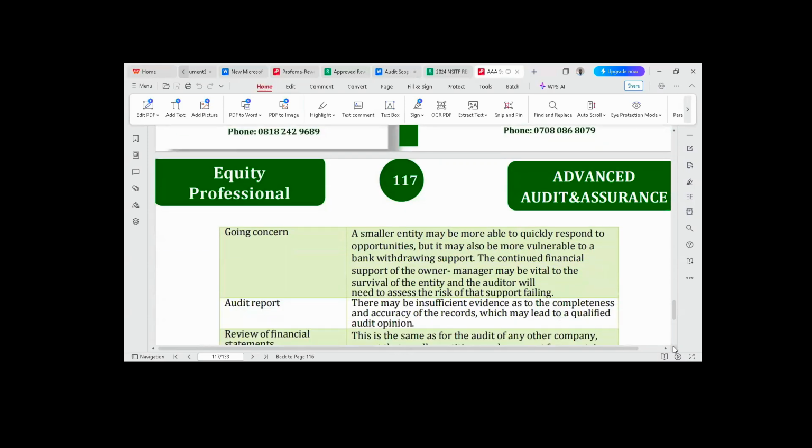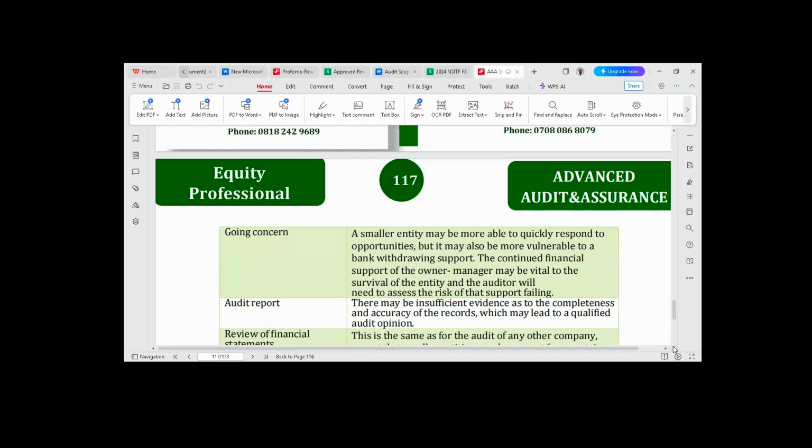All right. The other thing the auditor will also need to look at in the course of auditing small entities is to test the going concern of the business. What happens here is that small entities are at risk of collapse. Why?